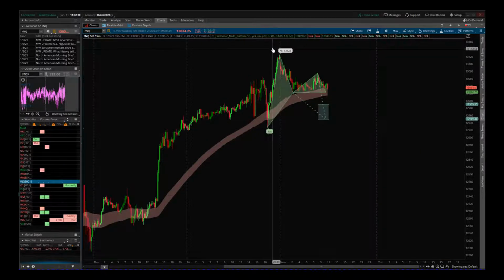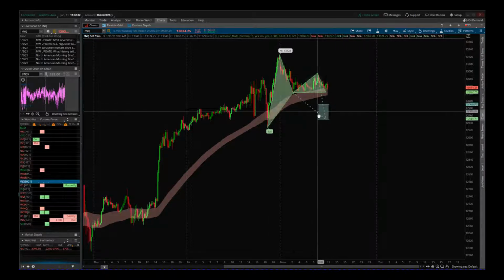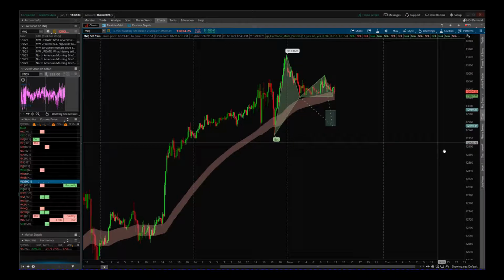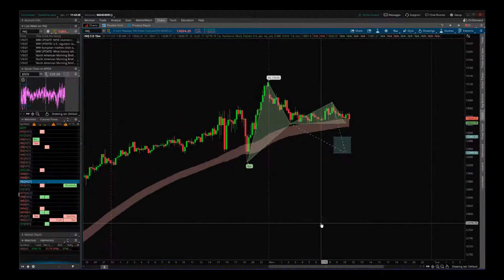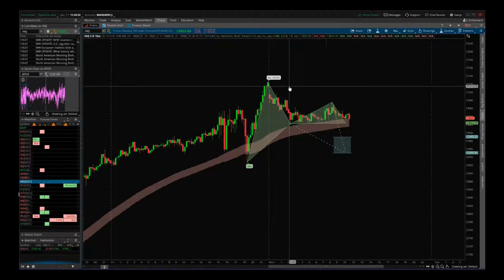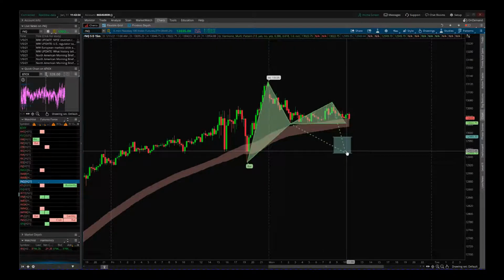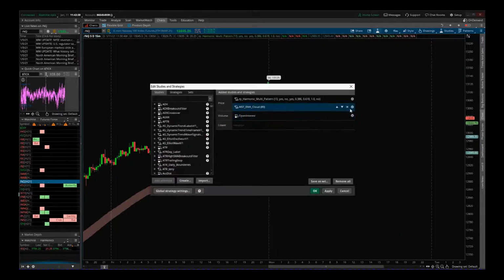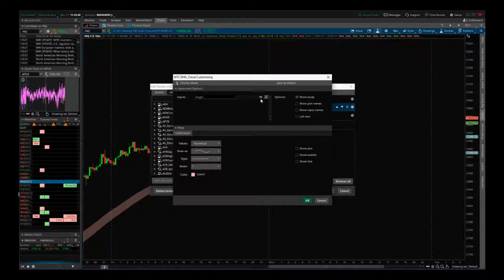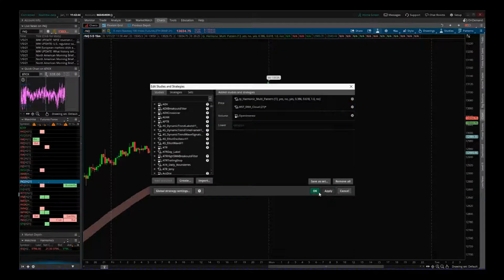It's had the A, B, the C wave, and now we're looking for this to complete in this automated completion zone. So we wait. If we're going to trade NASDAQ today, it's a Monday, if we want to go long, we need this crab pattern to complete in that automated completion zone. I just need to change this back to 21 now because we're trading on a day trading time frame. So I'm going to go to 21, click OK, click Apply.